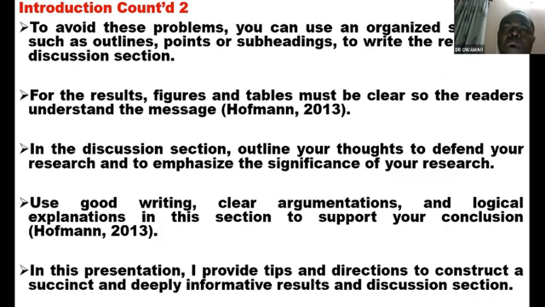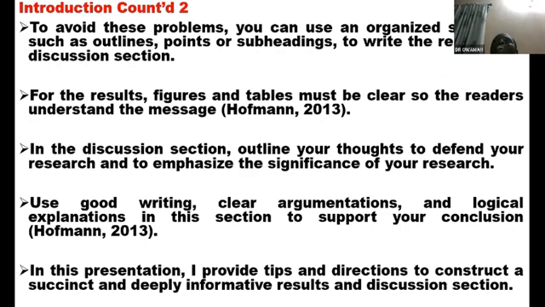So we must avoid overinterpretation and underinterpretation. Now, to avoid this problem, you can use an organized structure, such as outlines, points, or subheadings, to write the result and discussion section. So when you go into the result and discussion section, maybe that is your 3.0. You can have 3.1 physiochemical parameters. Under it, you present all the physiochemical results, and then you discuss them. 3.2 can be biological parameters.